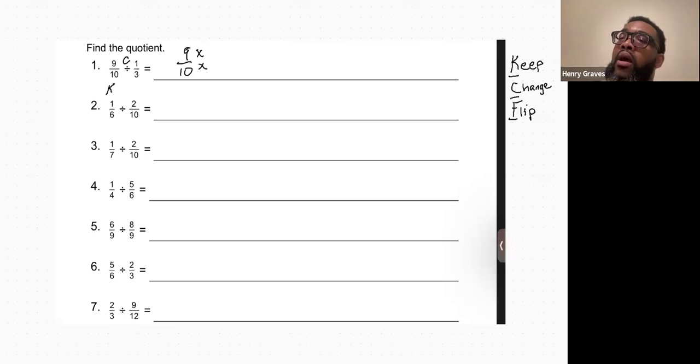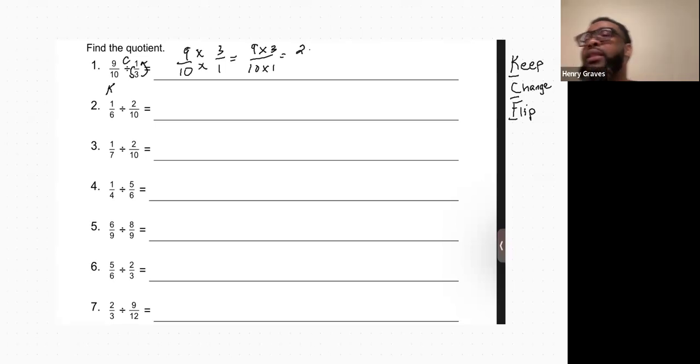And now I'm going to go ahead and multiply 9 times 3 and 10 times 1. 9 times 3, of course, is 27. 10 times 1 is 10. Now, obviously, I can do mental math. 10 goes into 27 2 times with a remainder of 7/10. So I have my answer here.